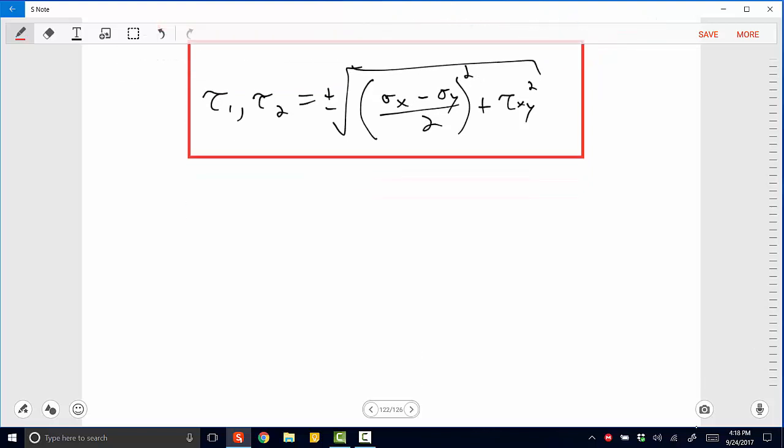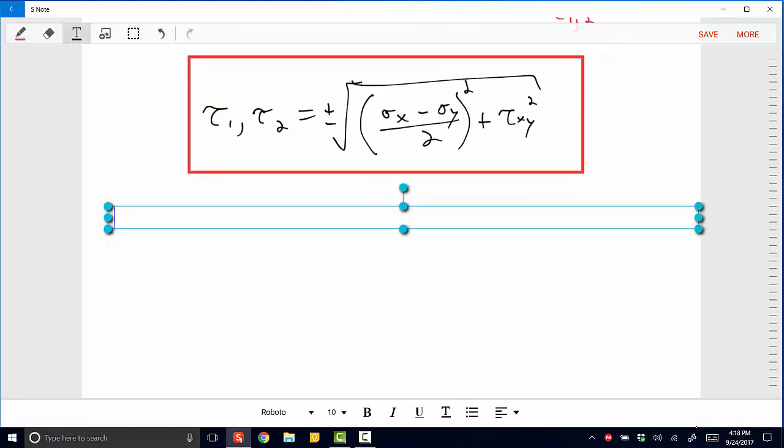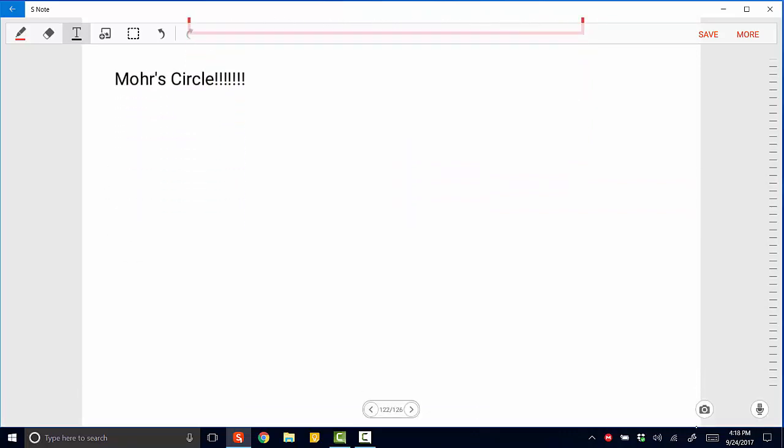To do that, we'll introduce this idea of Mohr's circle. Now, this is something that you should remember from mechanics of materials. Well, we're going to use it here in mechanical design, right?